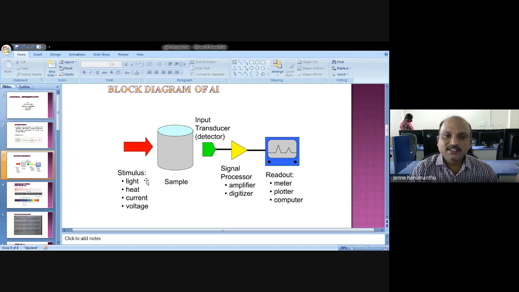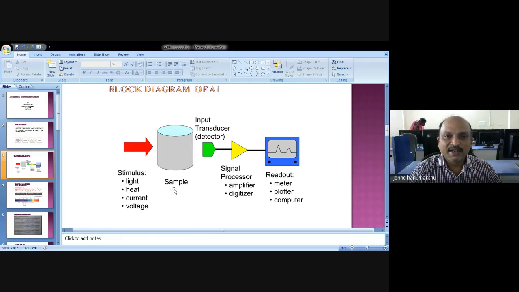Whenever the samples vary, the stimulus also varies. So based upon the sample, you have to select the stimulus. That may be light, heat, current, or voltage. These are the stimuli which will fall on the sample.